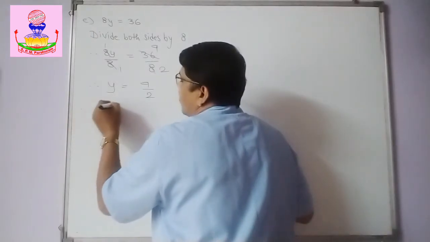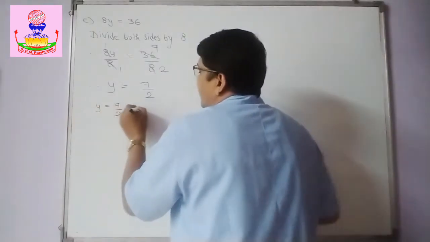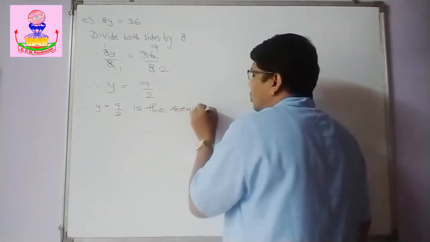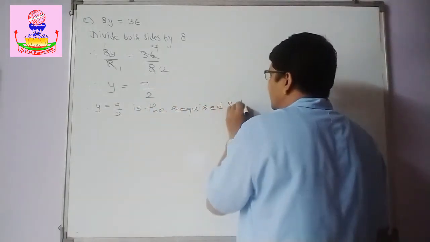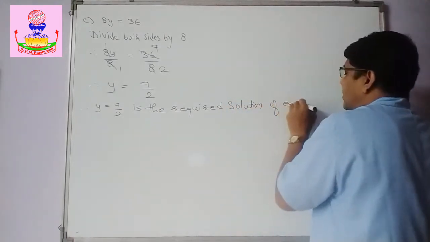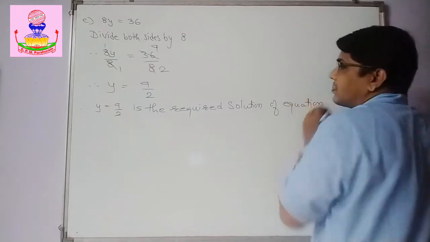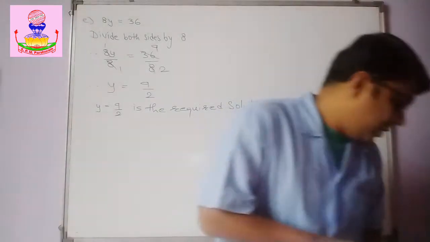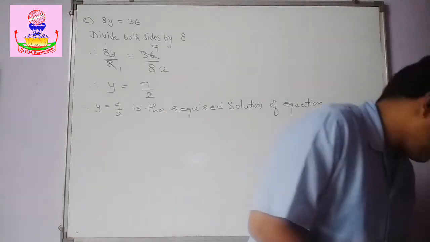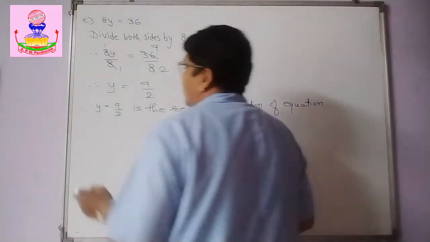Therefore, y is equal to 9 upon 2 is the required solution of the equation. Okay, now next I can solve is g.